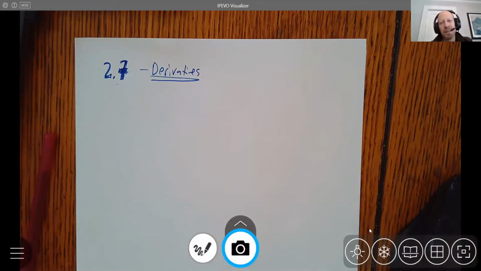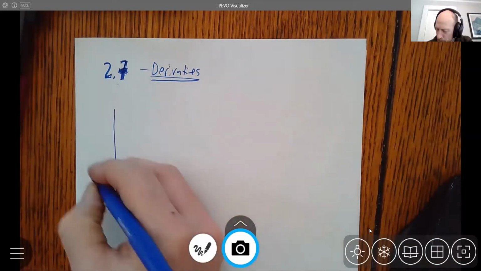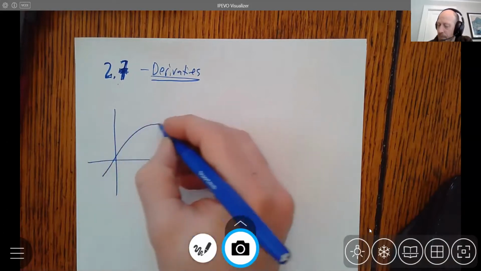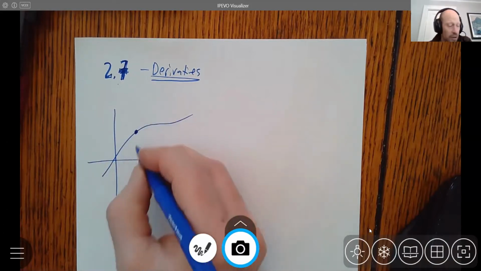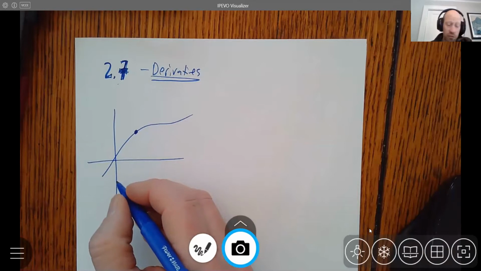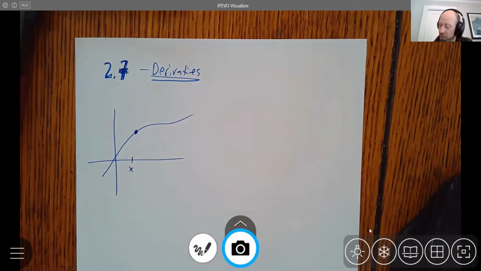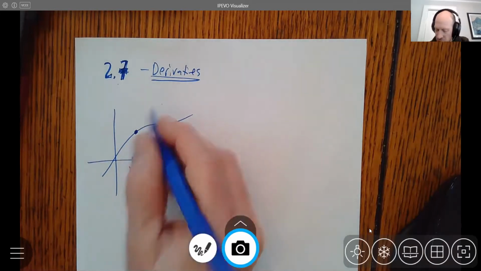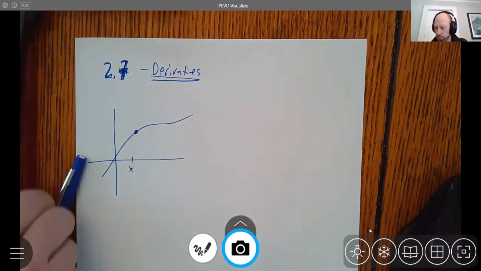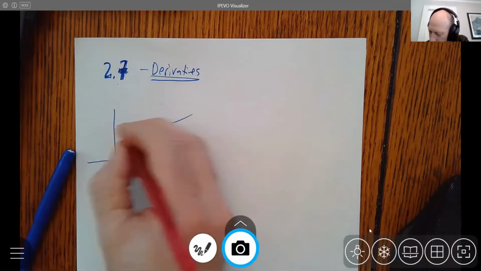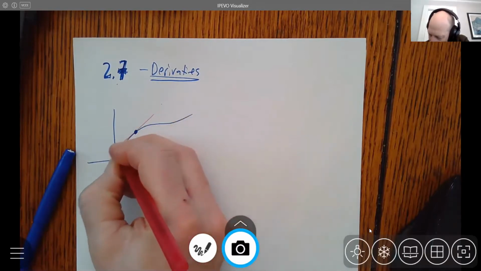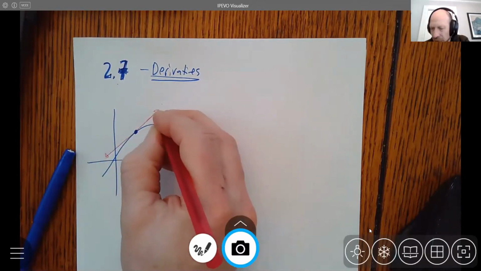Hopefully you watched some of the lecture capture and saw this introduction to calculus. One of our big ideas with calculus is that we'd really like to find this tangent line to this curve at this point. And the tangent line is this red line.